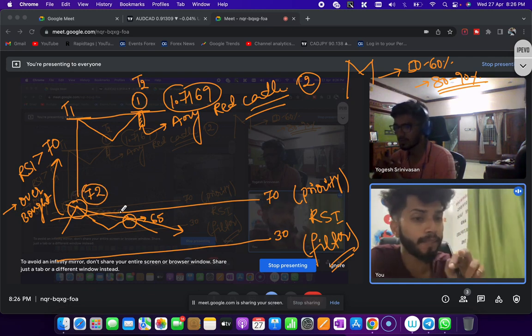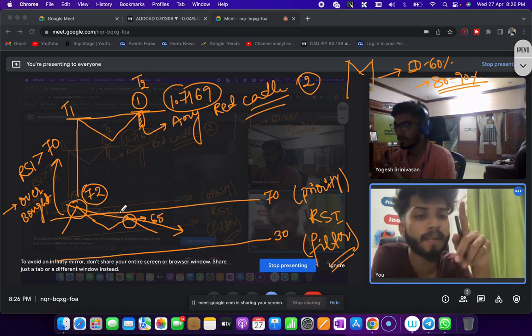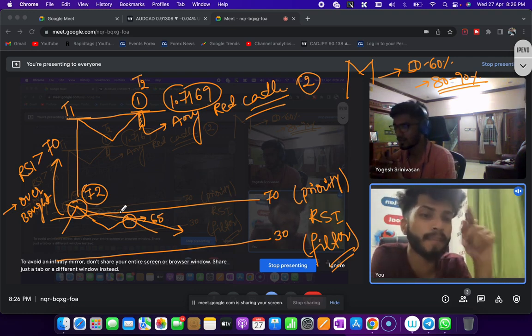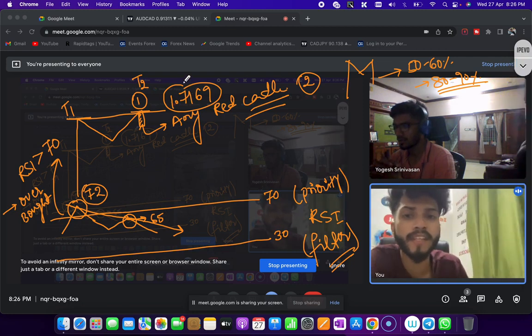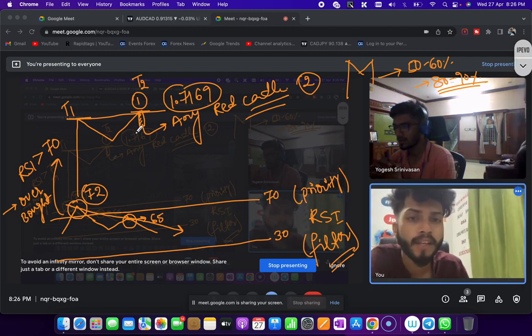The price is at the same level but momentum is falling. This indicates that buyers are showing less interest, and technically the price at T2 should be like this.